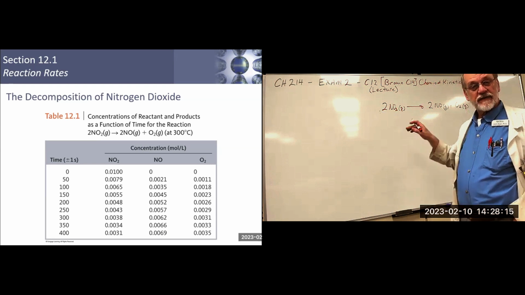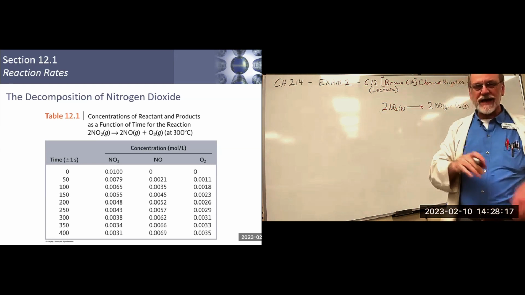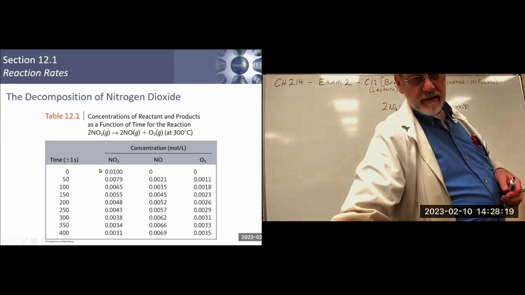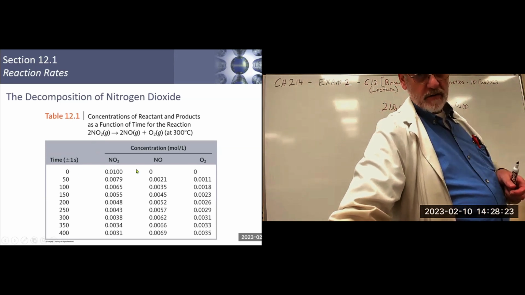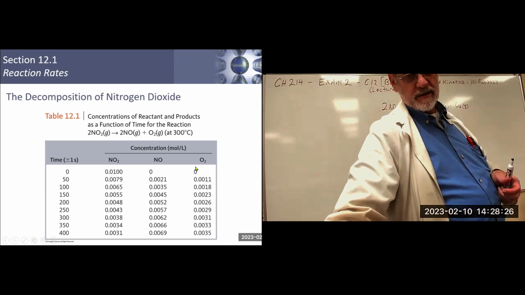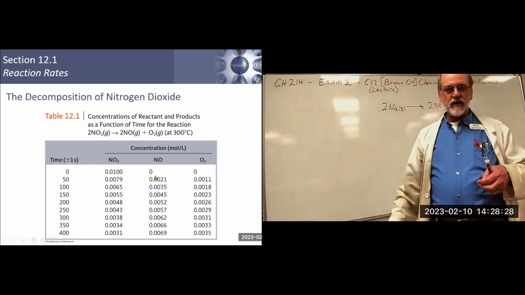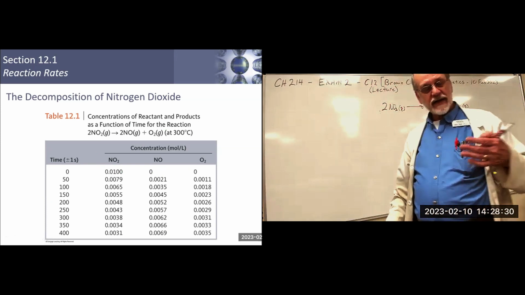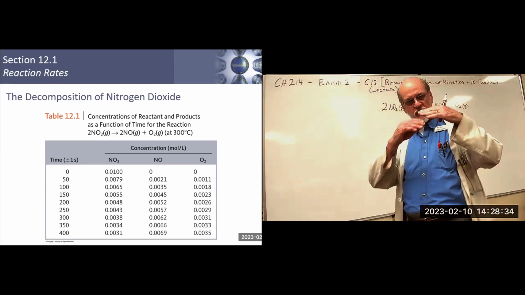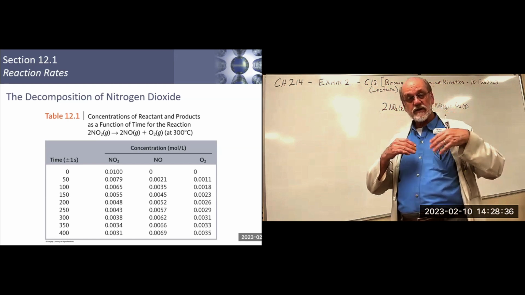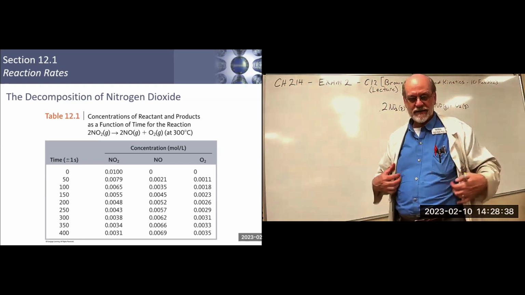So you'll notice that as we're watching it over time, in the beginning, at time 0, when we first start, we have NO2, but we don't have any products. This is known as initial conditions, and any changes that occur at this instant or very short period of time after that instant, this is known as an initial rate.